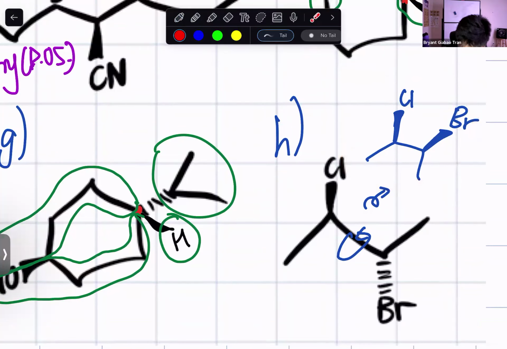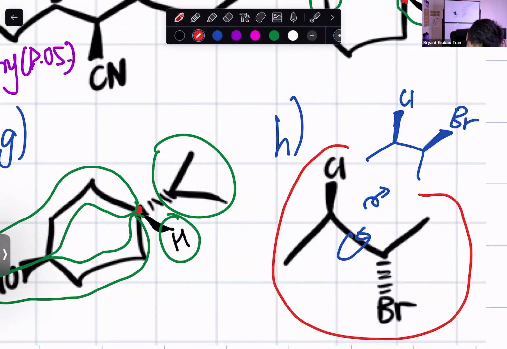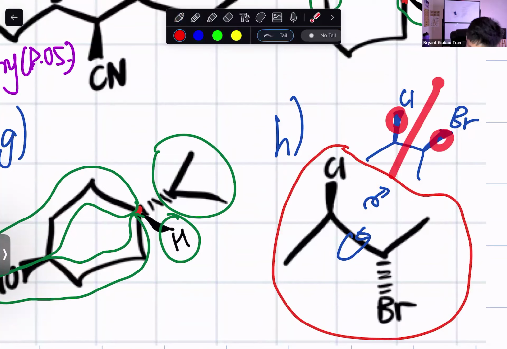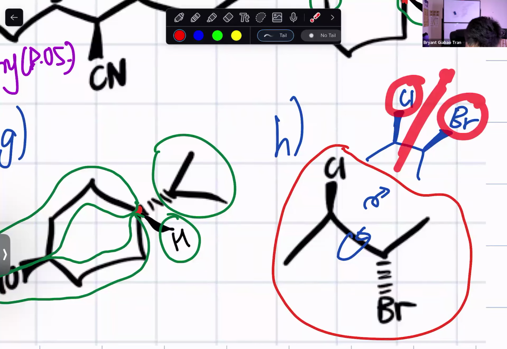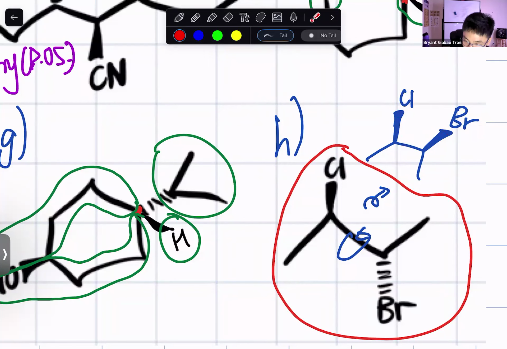Like, is this considered a plane of symmetry here? They're different, right? Different groups. So that's another thing to look out for. Even though it can rotate and have the same stereochemistry like this, they are achiral. Oh wait, this is chiral because there's no plane of symmetry. This is different than that, so that's not plane of symmetry. They're different. Yeah. So be careful of that. That was a sneaky one.